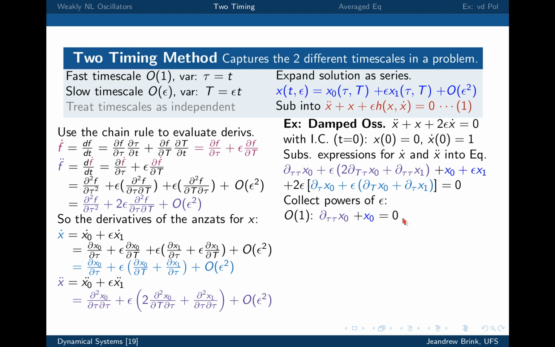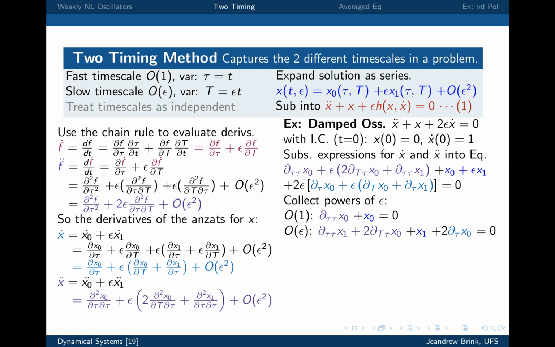So once again, it's our harmonic oscillator solution. With order epsilon, we collect everything with an epsilon in front of it. So we have the second derivative with respect to fast time of x1, the mixed derivatives with respect to fast and slow time of x0, plus x1, plus this term only, because the next one is epsilon squared. So it's plus 2 times the fast time derivative of x0, and that equals 0.